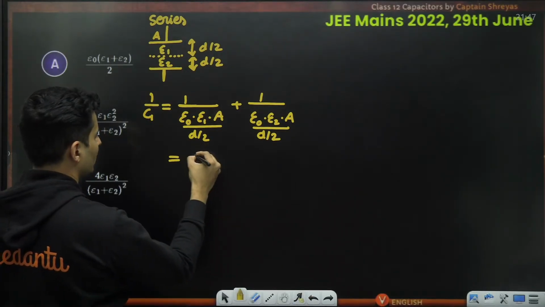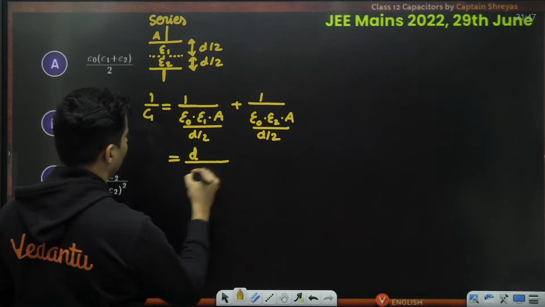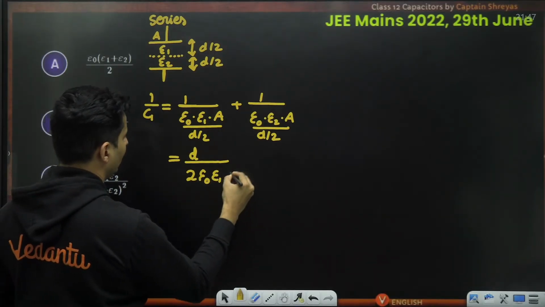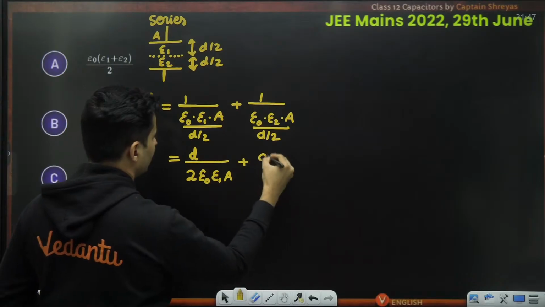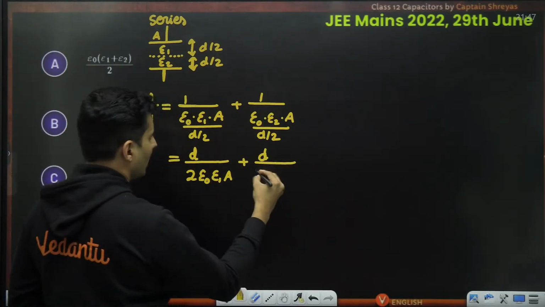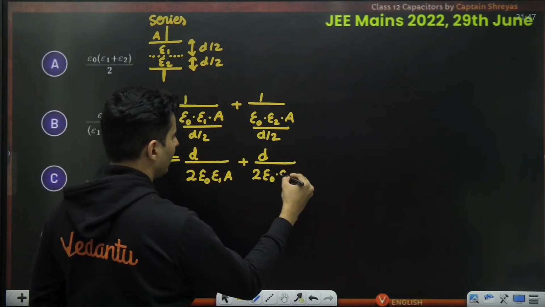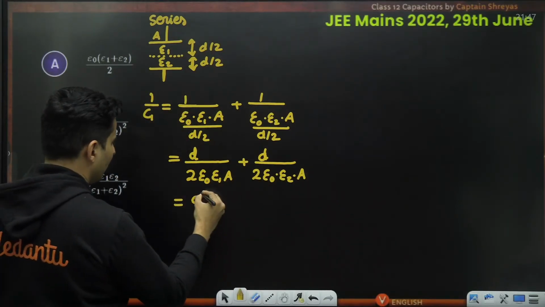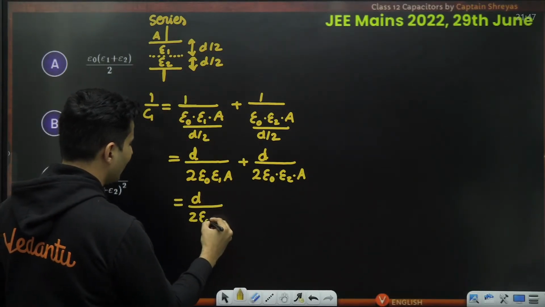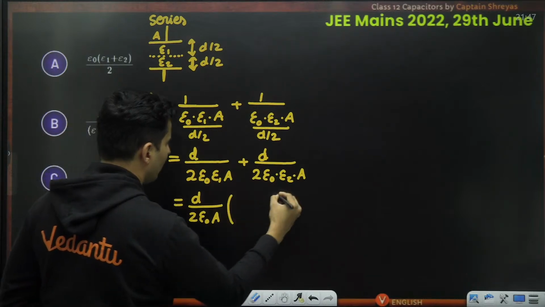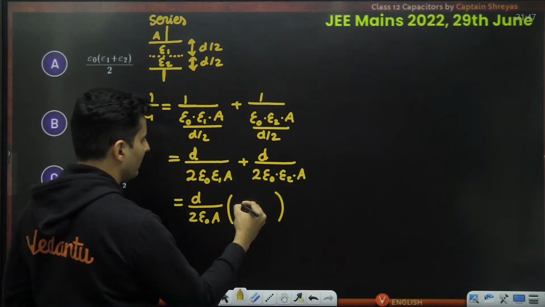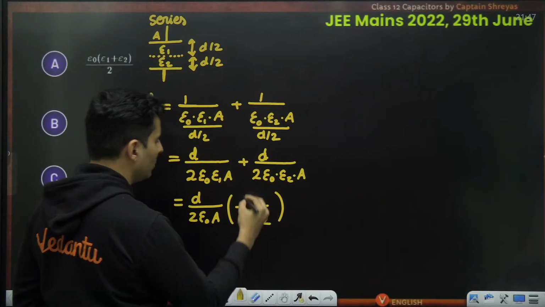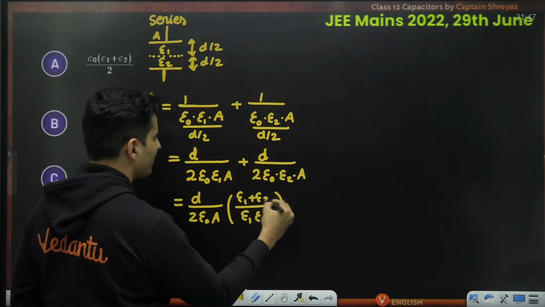Taking a couple of things common, like D, 2, epsilon naught and A, I am just left with 1 by epsilon 1 plus 1 by epsilon 2, which is nothing but (epsilon 1 plus epsilon 2) by epsilon 1 epsilon 2.